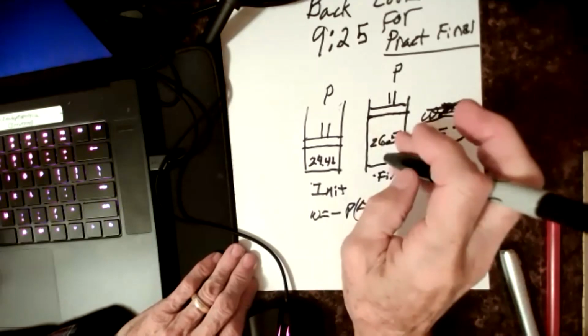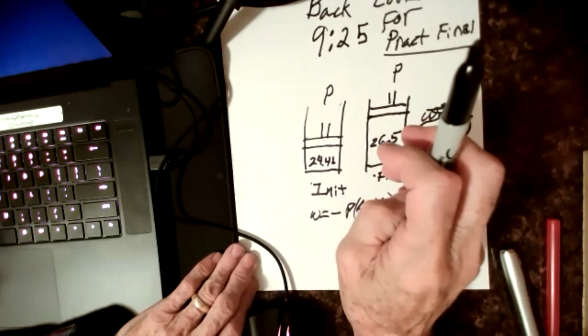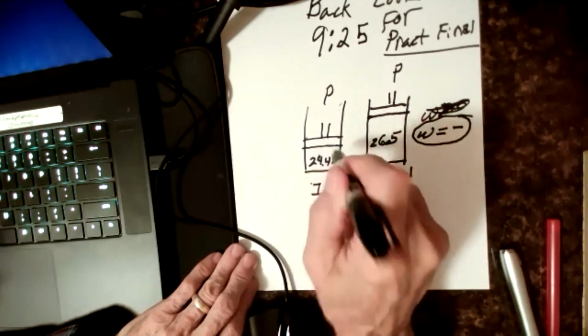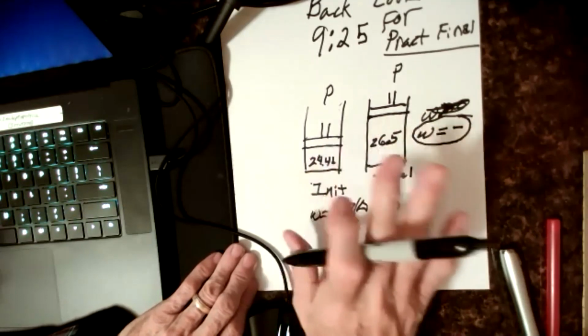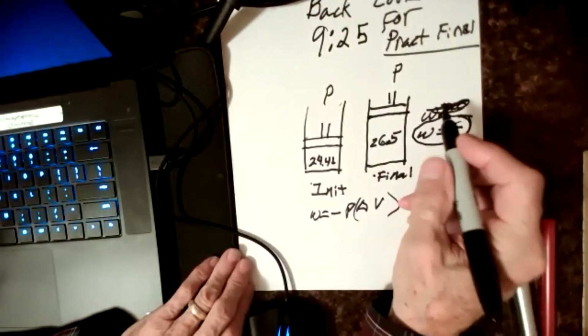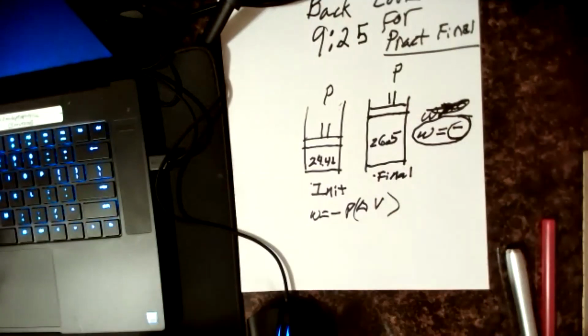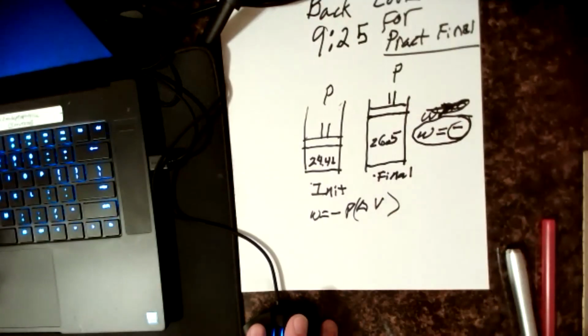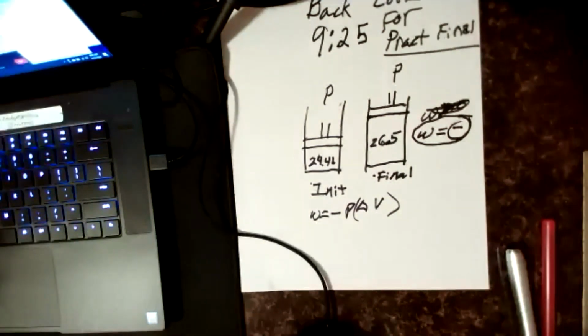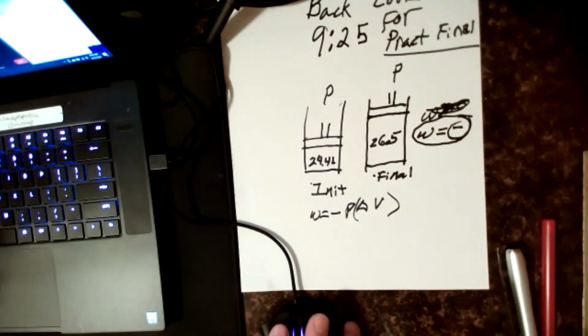But what if you screwed up and put the numbers in backwards? I can look at this picture and that picture and tell work had to come out of the system to push the atmosphere back. Work is out. Anything coming out is negative. The sign of that work should be negative, and so you should not depend on that formula to give you the sign.